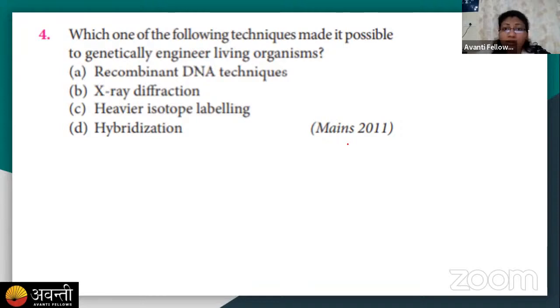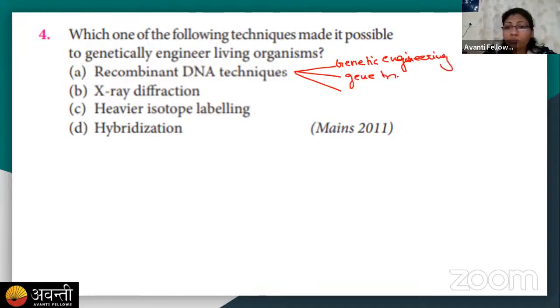Biotechnology itself contains three fields: genetic engineering, gene transfer, and gene cloning. All these three are parts of recombinant DNA technology. We are doing modification with the DNA molecule. So yes, option A is the correct answer.